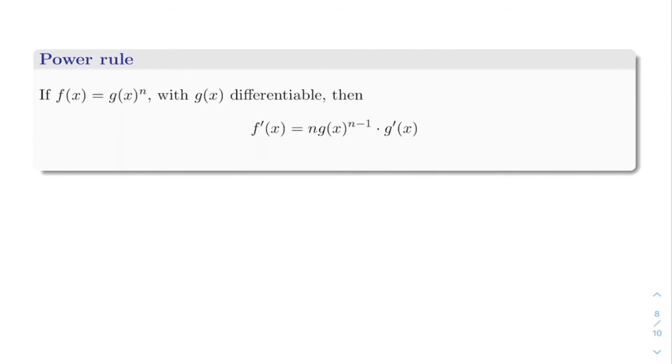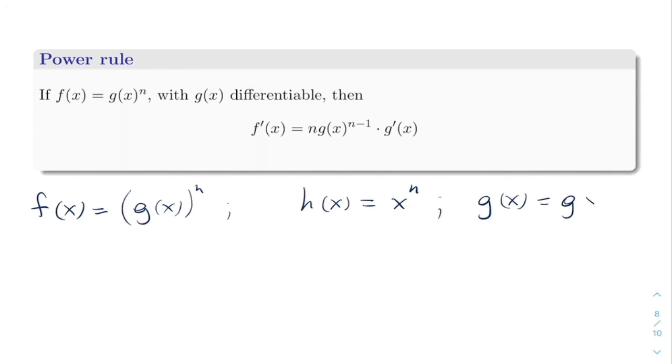This last formula is related to the chain rule when we have the special case that f of x is equal to g of x to the n. In this case, the chain rule will give us this formula. Let's see why. If f of x is equal to g of x to a certain power n, then we can break this function into the following. h of x will be x to the n, and g of x will be itself.